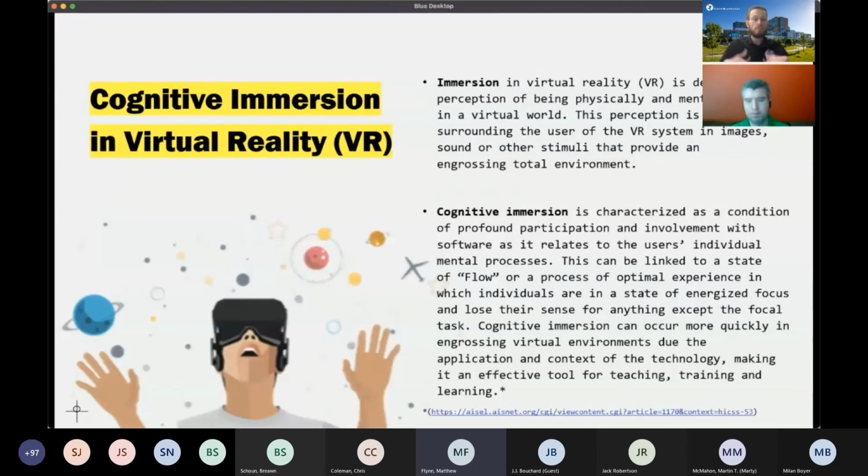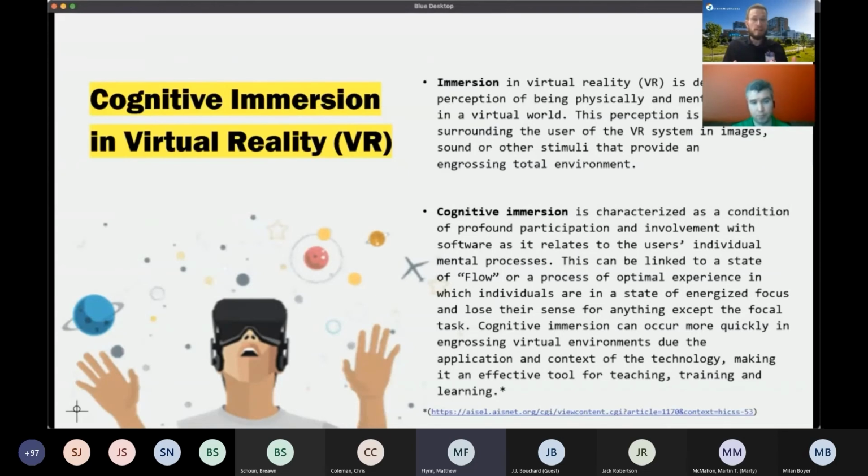So in order for VR to be effective, you have to have this sense of immersion. Immersion in VR is defined as the perception of being physically and mentally present in a virtual world. This perception is created by surrounding the user of the VR system in images, sounds, or other stimuli that provide an engrossing total environment.